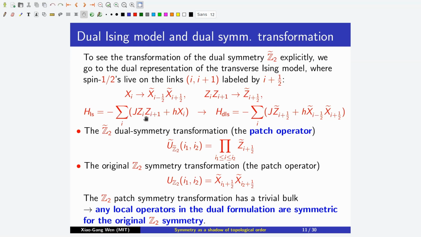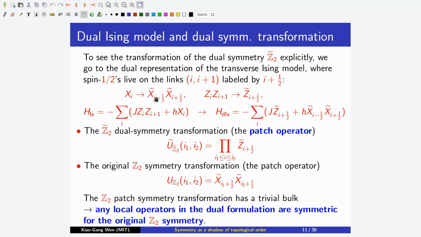So here we have an Ising model with a ZZ spin coupling, spins living on the sites, and an X magnetic field. In the dual Ising model, our spins live on the links, and we use a half integer to describe the link from i to i plus 1. The rule is that Z_i Z_{i+1} becomes a single Z tilde on the dual spin on the link, and the single X becomes X tilde X tilde on the dual spins on the two links.